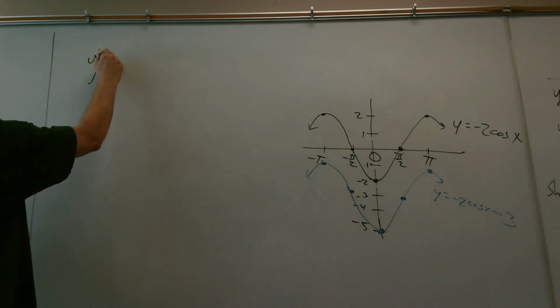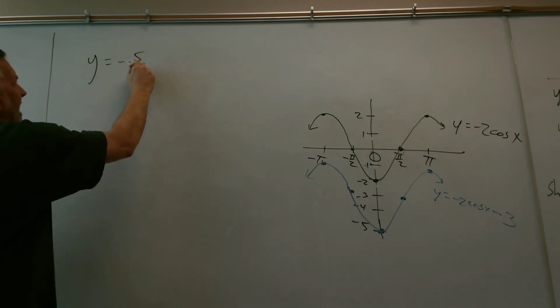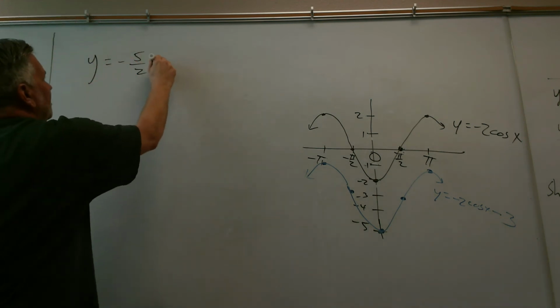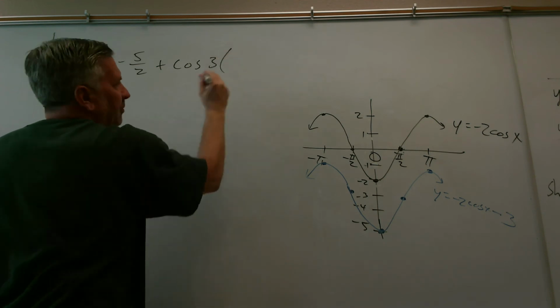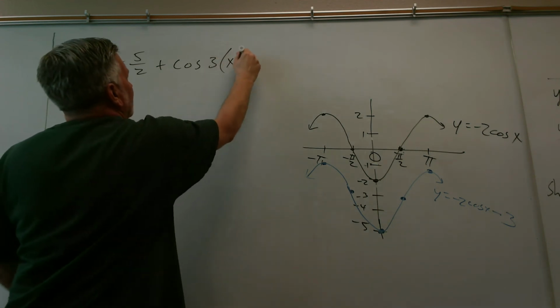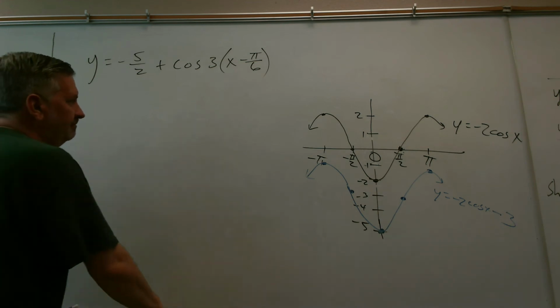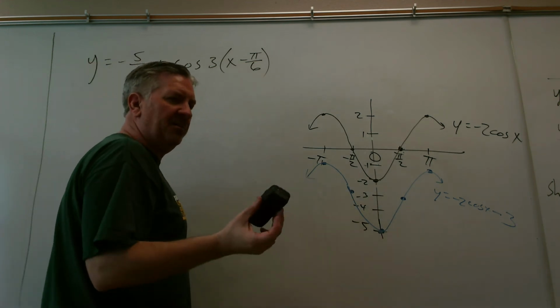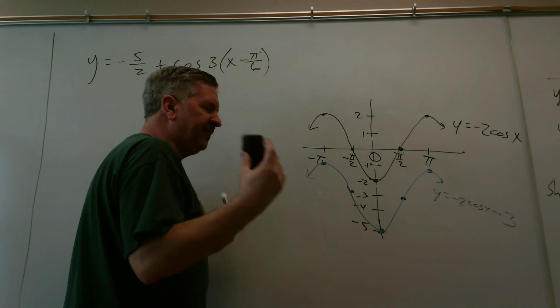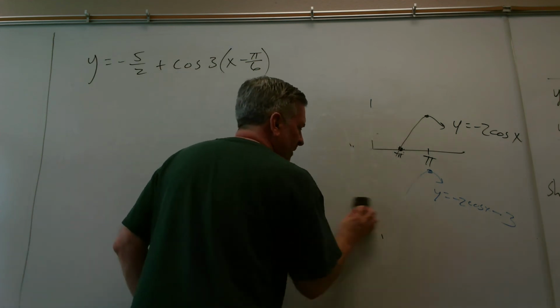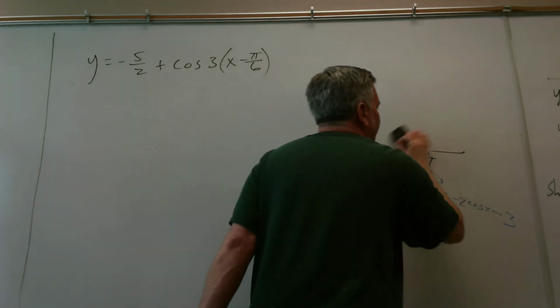So y is -5/2 plus cosine of 3 times x minus pi over 6. So while I erase here, think about what's the first step in this whole procedure. Think about the very first step, what you should do first.